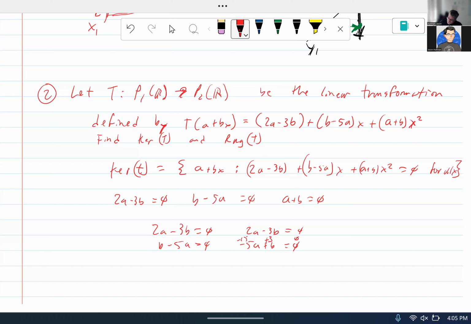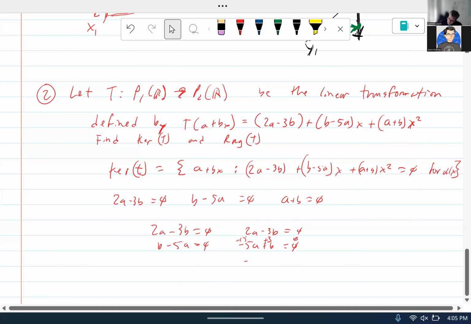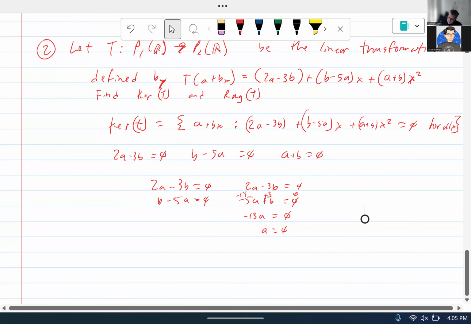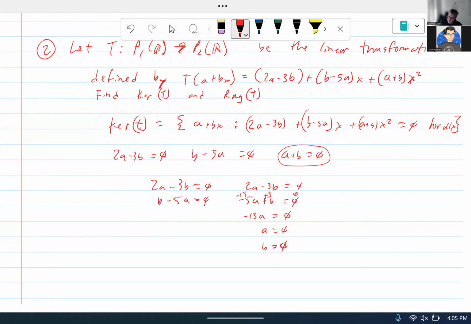Okay, and so yeah, the only thing that A can be is 0. So A had to be 0. But if A is 0, the only thing that B can be, based on this, is 0 as well. So B had to be 0. That's the only way for me to get all zeros there, for A to be 0 and B to be 0.